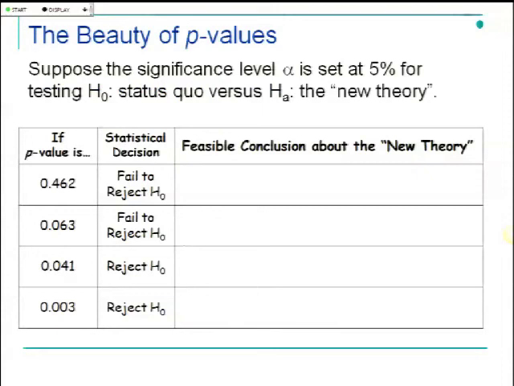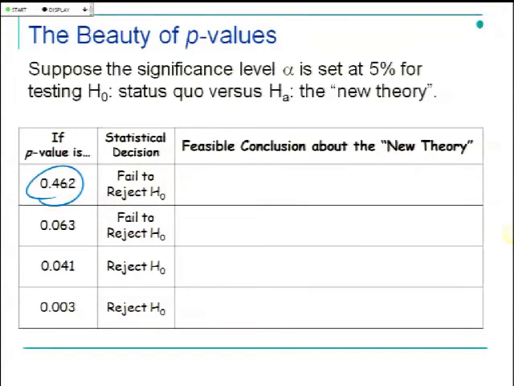It just reminds us that this p-value, which is always between 0 and 1, because it's a probability, gives us some idea of how much evidence we have. What if you did a test and your p-value was huge, 0.46? That means if H0 is true, the chance of seeing the results that I got, or more extreme, would happen almost half the time.